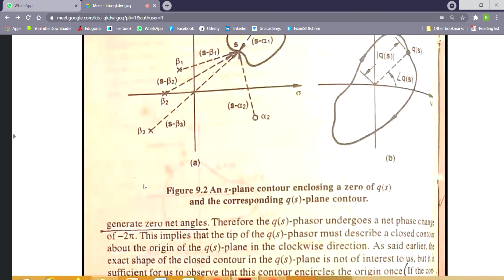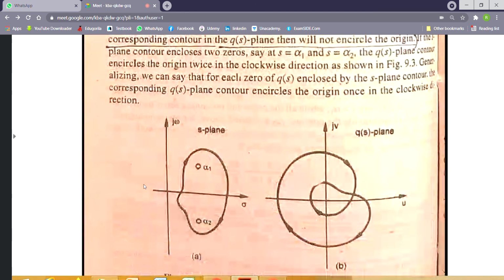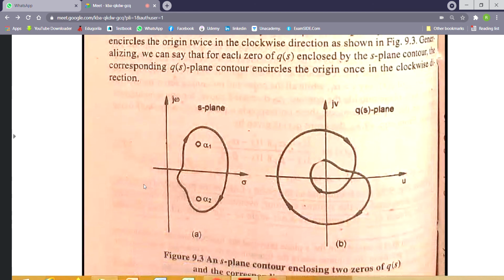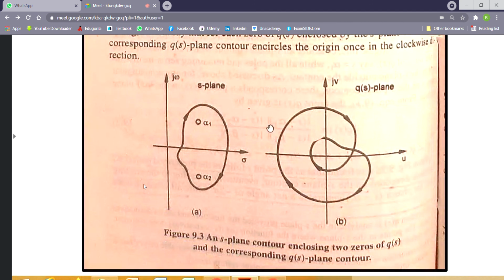Yes or no? So that will be minus 4 pi, that is minus 720 degrees. 720 degrees is not needed; 2 pi makes it easier to understand, okay?